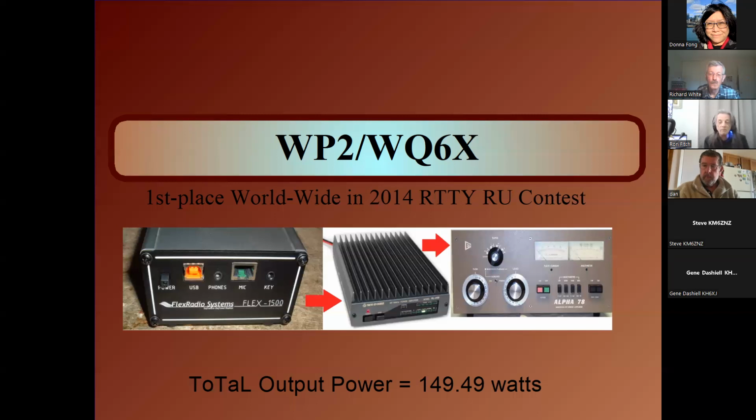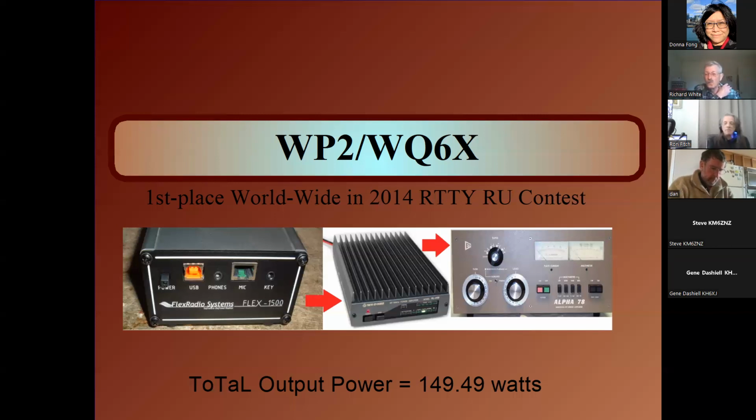Well, we wanted to run as low power, so we took the Flex radio and we ran it into a Tokyo High Power HL-45B amplifier, which produces about 45 watts, which is a 9 times power increase.